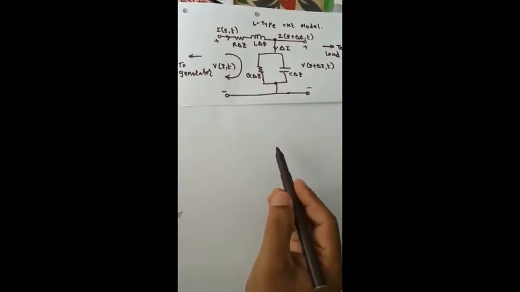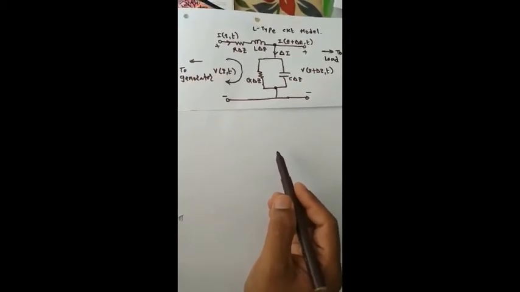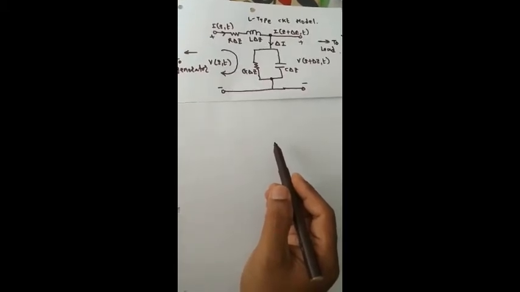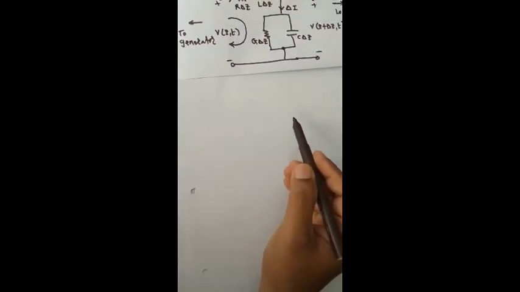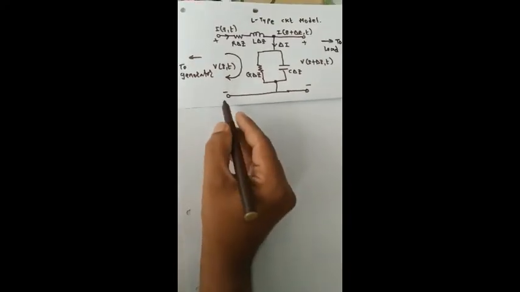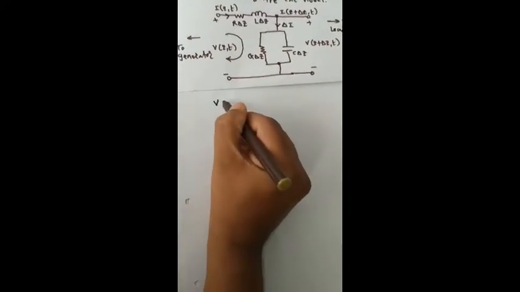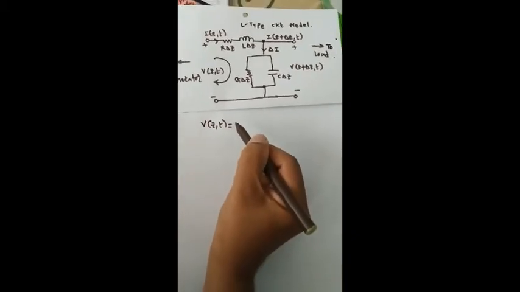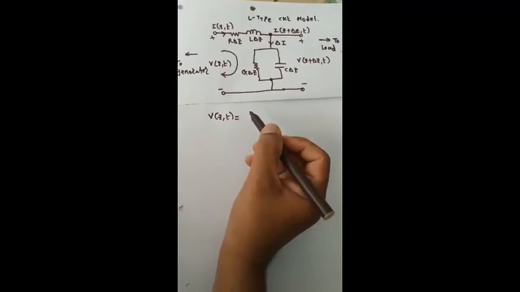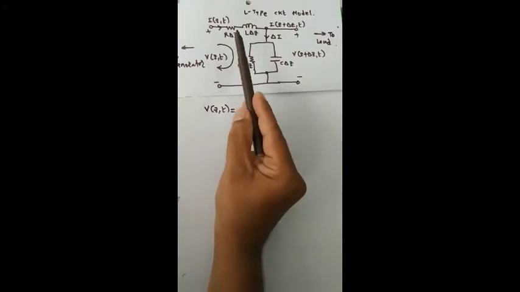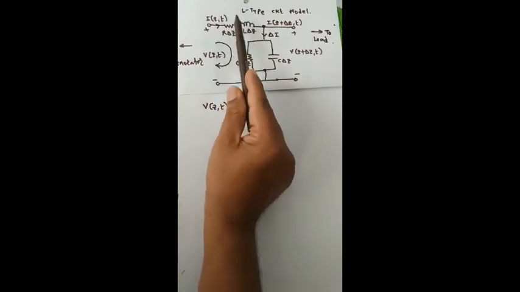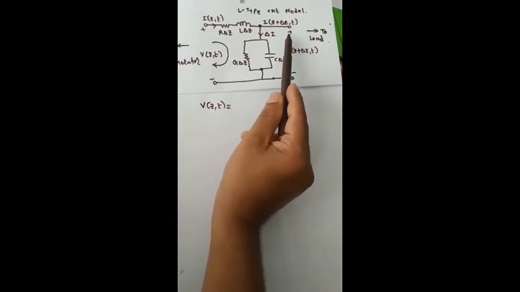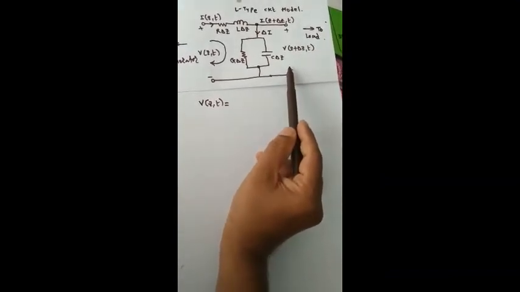Using Kirchhoff's voltage law around this loop, we can write the instantaneous voltage V(z,t) equal to the voltage dropped across these two components plus the voltage of this section.